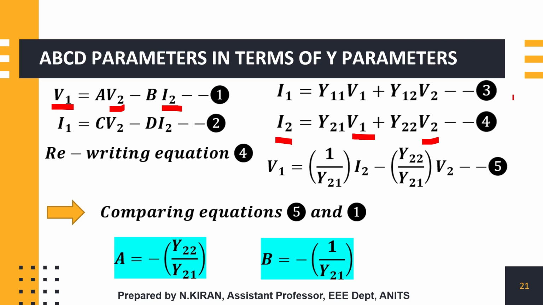Now in order to compare the second and third equation, here I have to eliminate V1 from the third equation, and that I can do by substituting the fifth equation in the third equation.